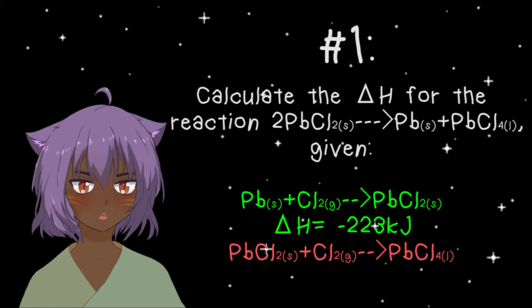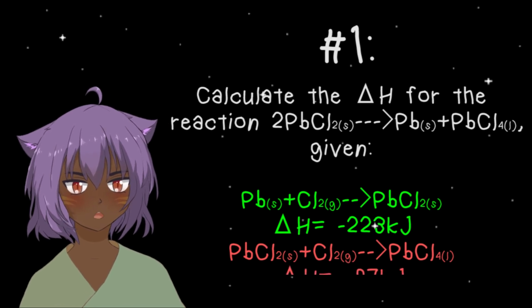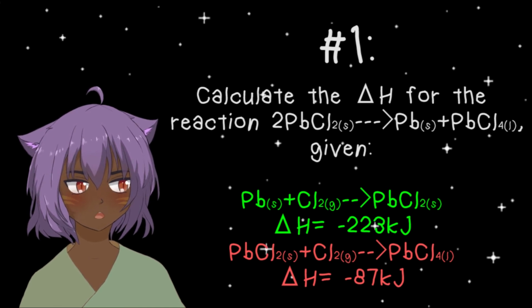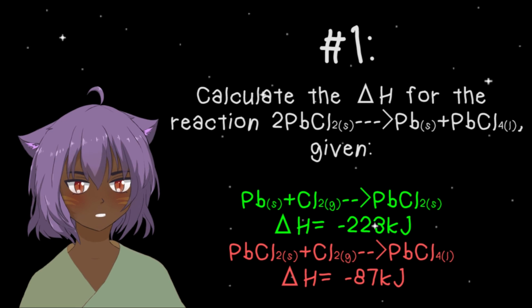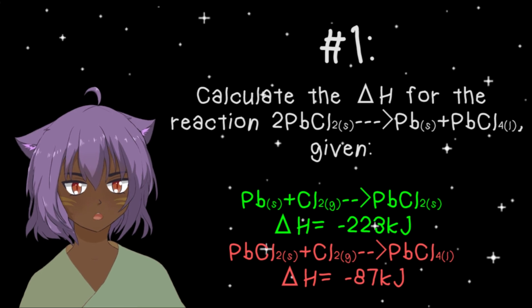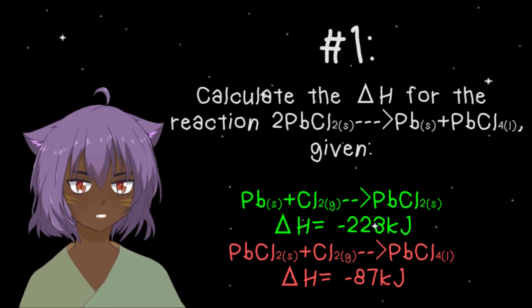And for the second equation, PbCl2 solid plus Cl2 gas yields PbCl4 liquid with an enthalpy of negative 87 kilojoules. Feel free to pause the video to answer it on your own.